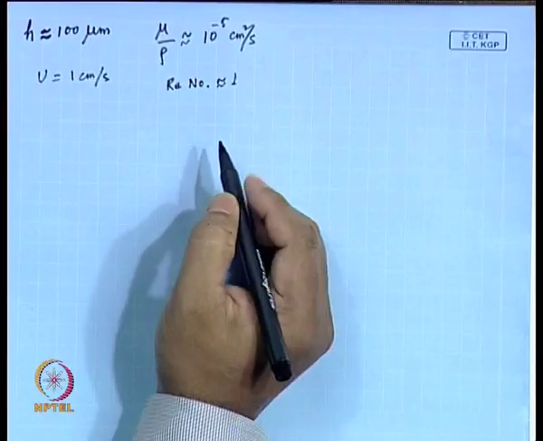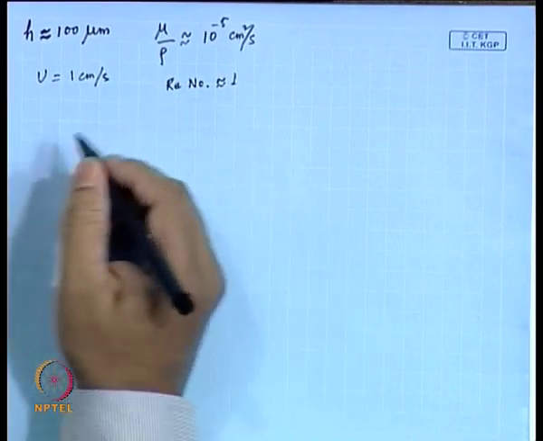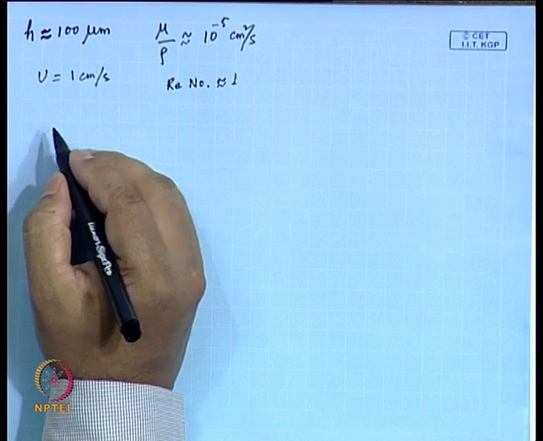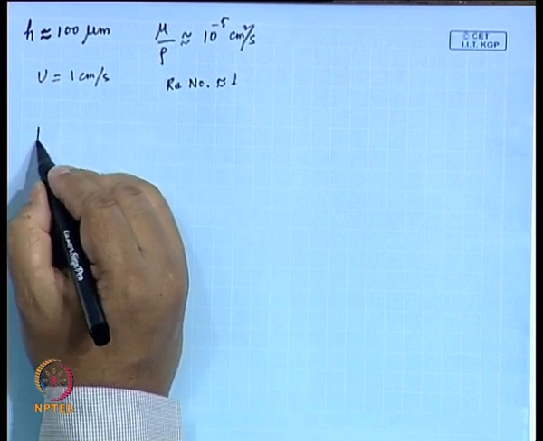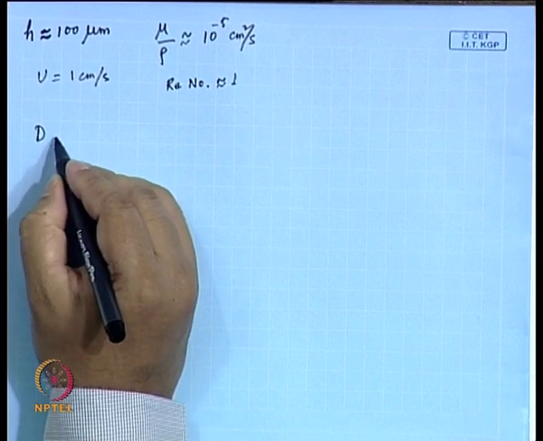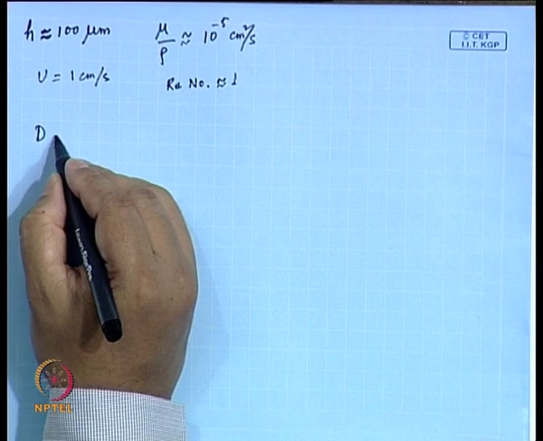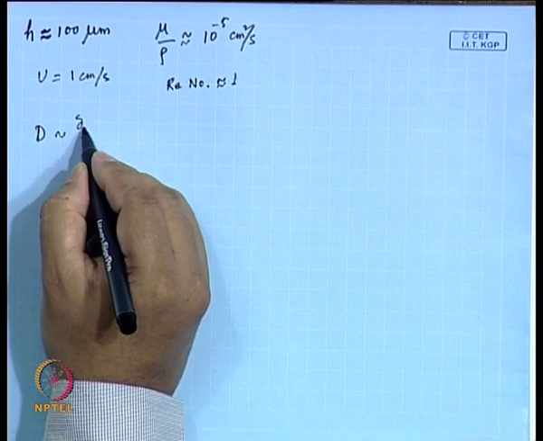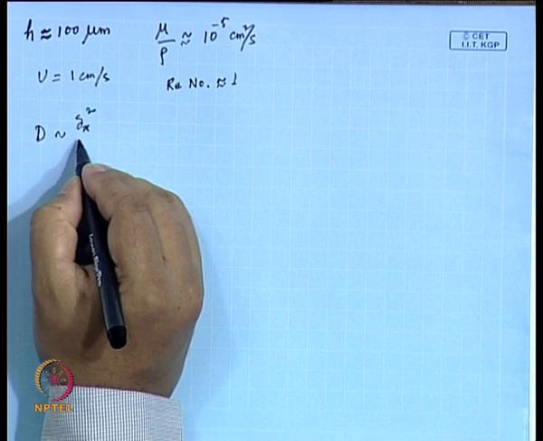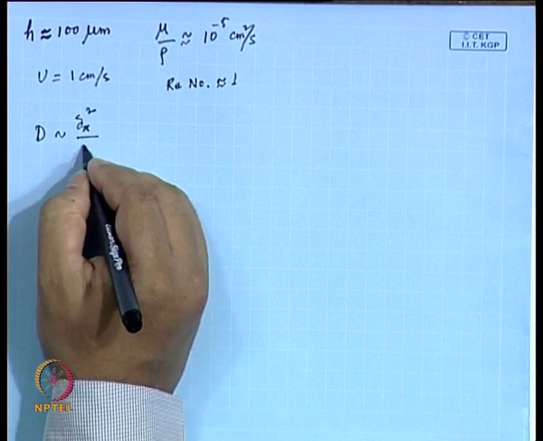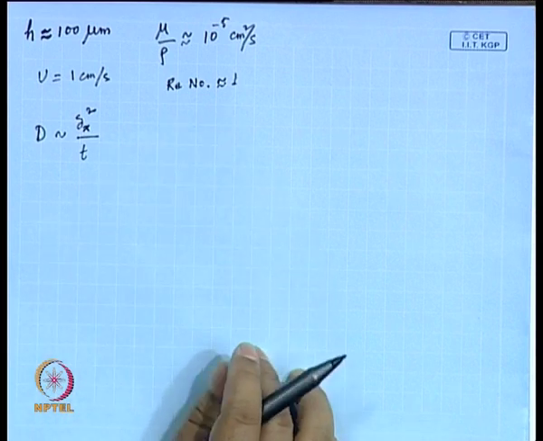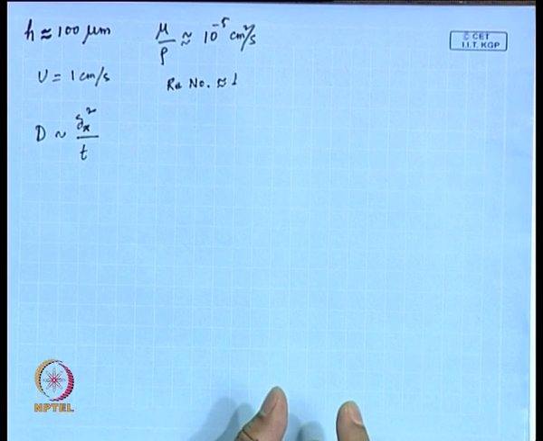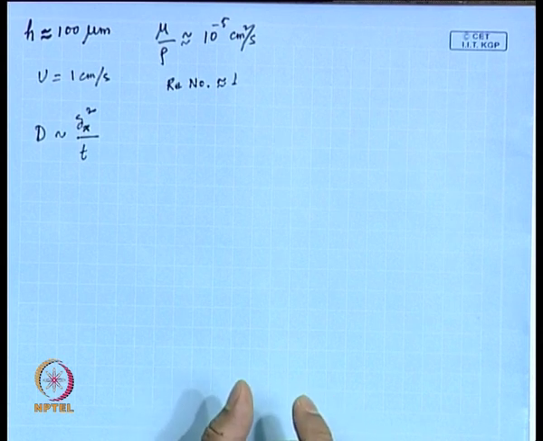The other point here is diffusivity. Diffusivity can be defined as the square of the distance by which a species penetrates, divided by the time it takes for the species to go up to that distance.